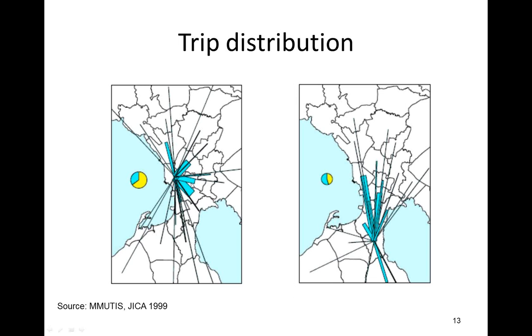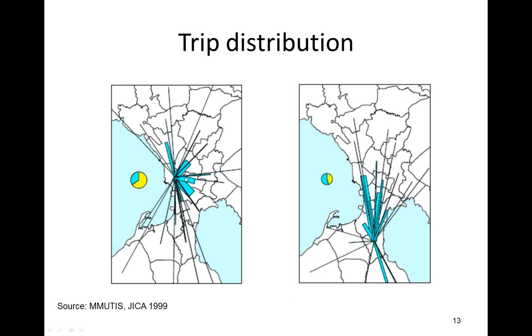That means, for example, in the case of Manila, these areas here are CBD areas, so there are a lot of jobs located in these areas. The more jobs located there, the more attractive it is to a particular origin. Therefore, more trips are going to be attracted to that place.